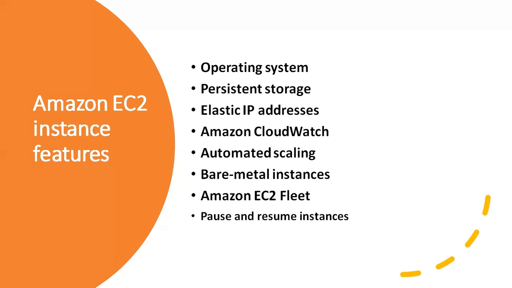Auto scaling provides more capacity to handle temporary increases in traffic during a product launch, or to increase or decrease capacity based on whether use is above or below certain thresholds.